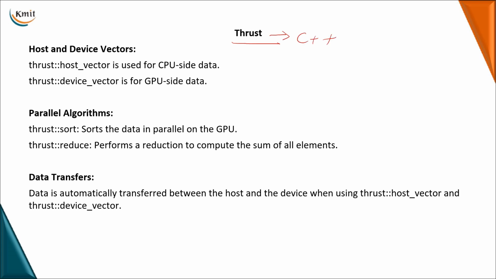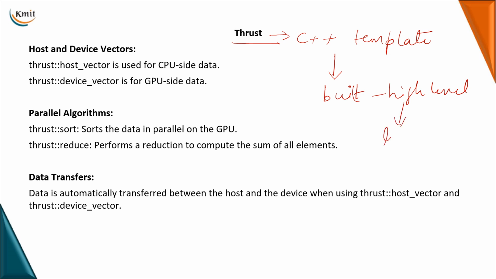Thrust is a C++ template library, and using it you need not write the code from scratch. You have all the built-in functions available. This is a high level language, where you do not start writing from low level code. You need not specify all the instructions at the low level. You can just use the built-in functions which are available.